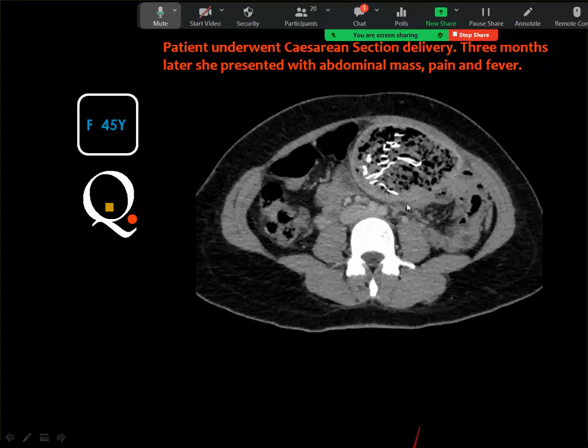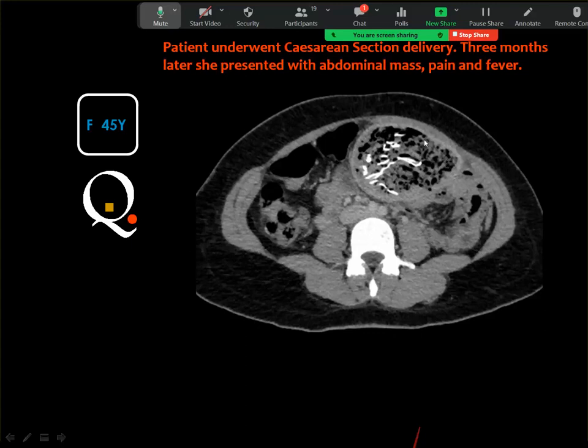How can you know this missed towel is by the presence of radio-opaque material, which is present in every surgical gauze to identify it even by the plain x-rays.